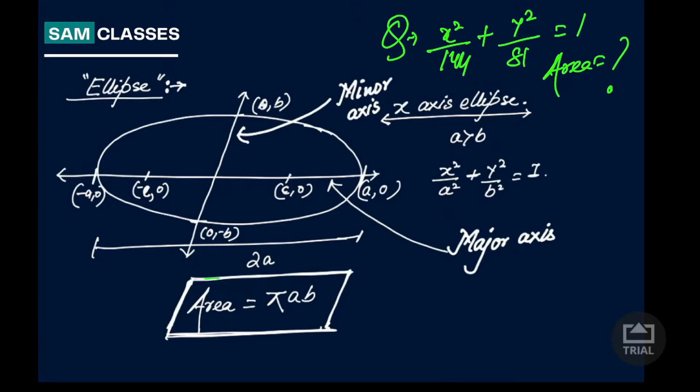Fast, kids, fast. 108 pi, Pavitra. What about others?